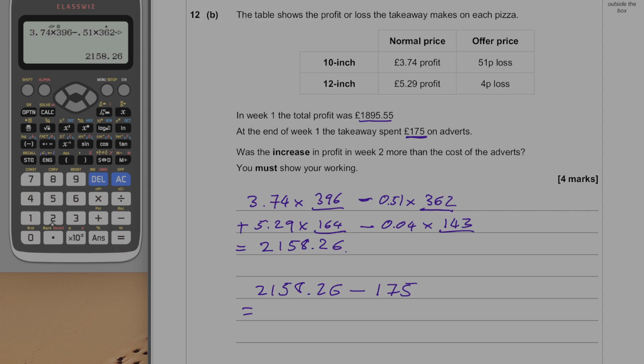So minus 175 gives me a total of £1,983.26. So was the increase in profit in week 2 more than the cost of the advert?